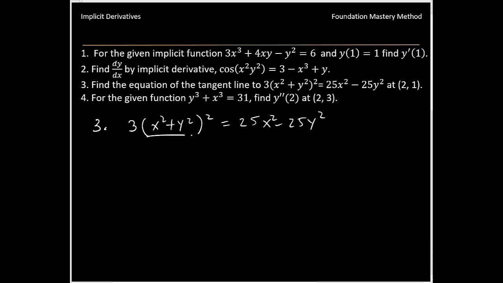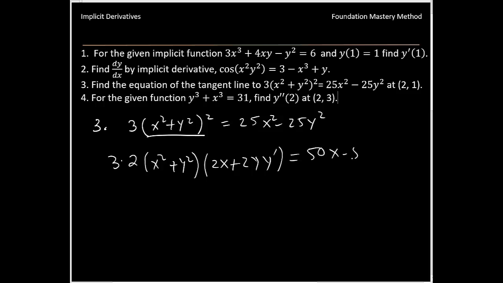With the power rule, here we get 3 times 2 of (x squared plus y squared) to the 1, and the derivative inside will give me 2x plus 2y y prime. Then the right side is 50x minus 50y y prime.